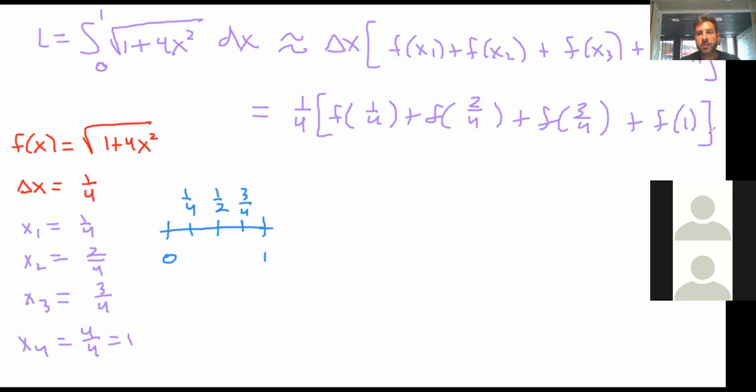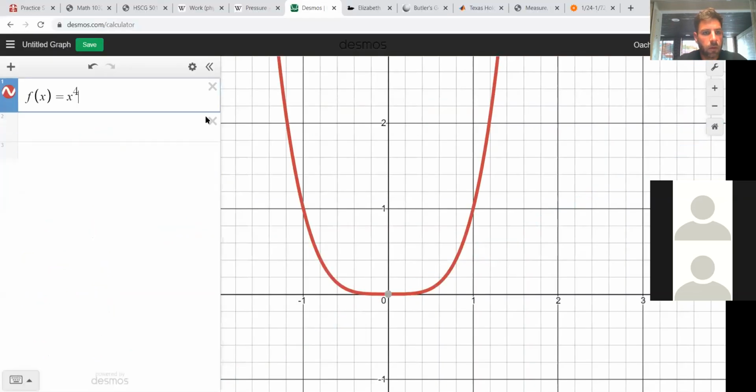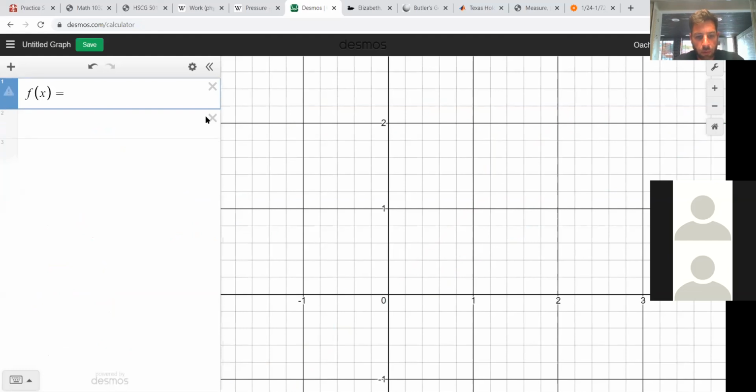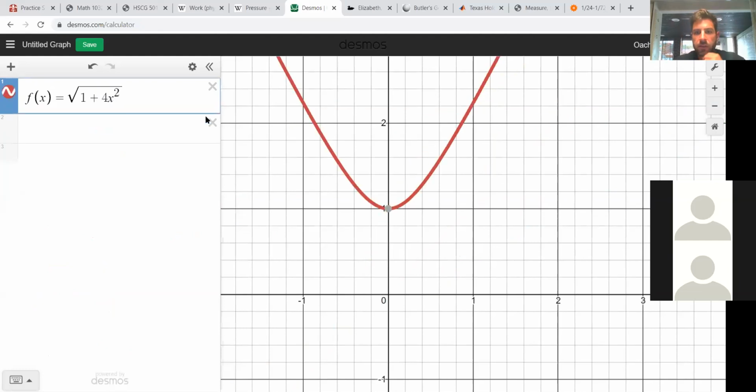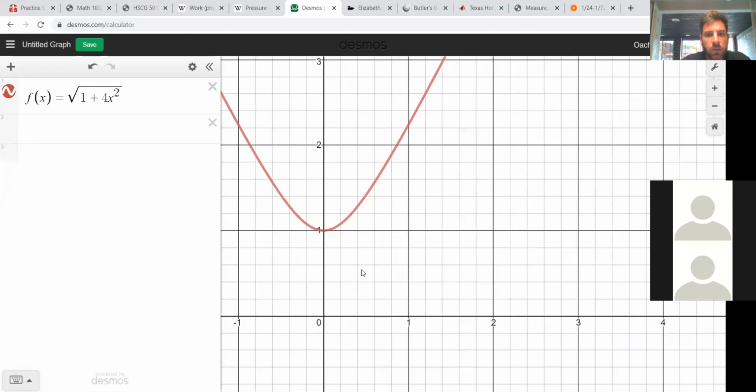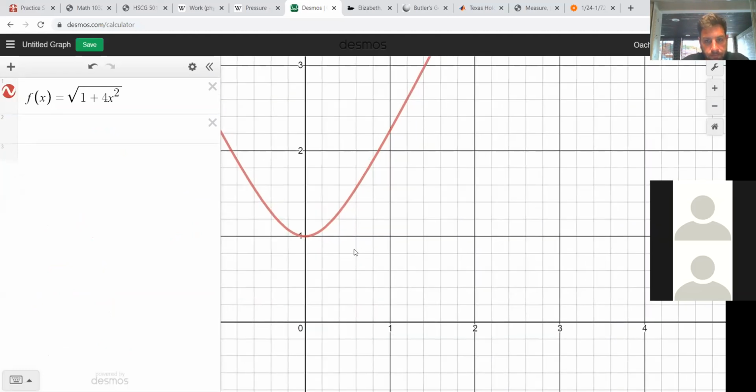So there's a real easy way of doing this. It's called use a calculator. So let me show you how to do it on Desmos. If I go to Desmos and I put my function in here, it's this.